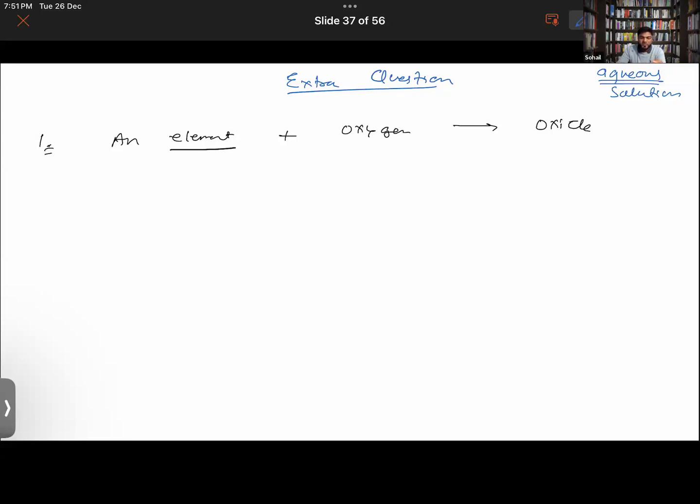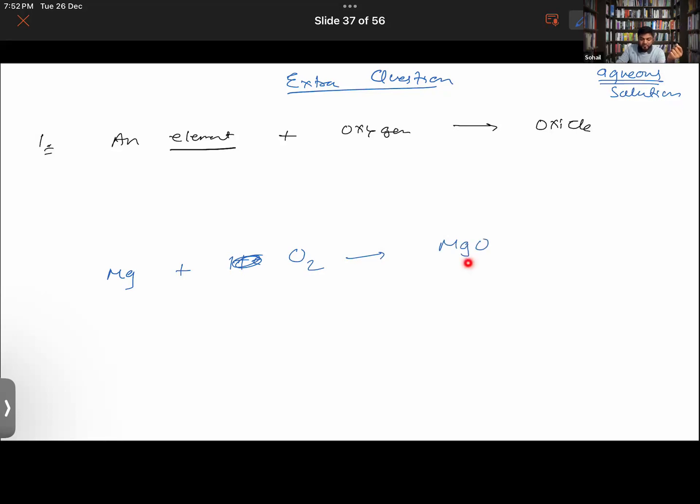So that is aqueous solution. So in order to check the property of a given oxide, whether it is a metallic oxide or a non-metallic oxide, in order to check its acidity or basicity, I need to mix water into it. Remember, for example, in the activity also I told you. Let's say magnesium reacts with oxygen, so thereby it gives you magnesium oxide.